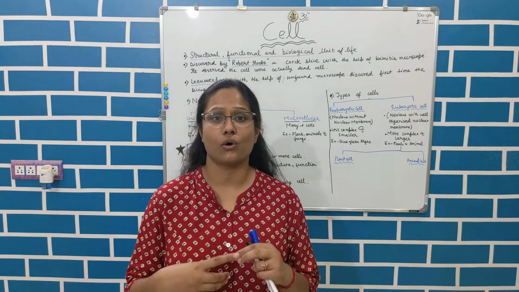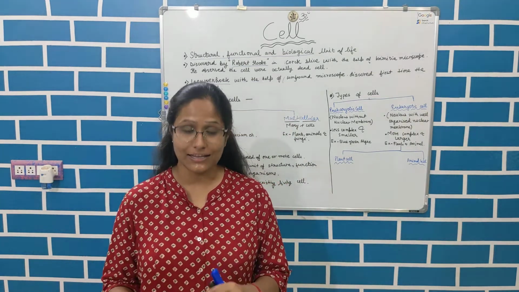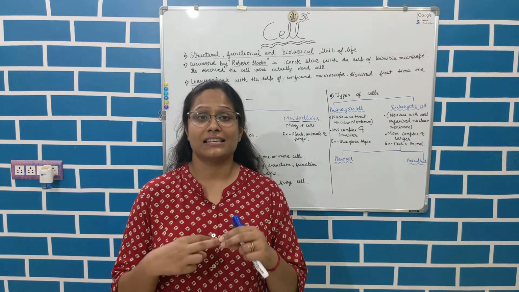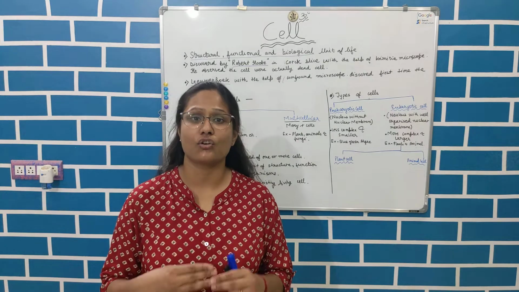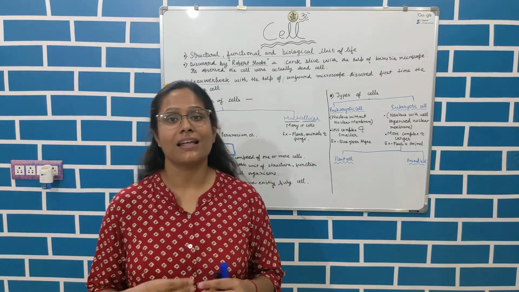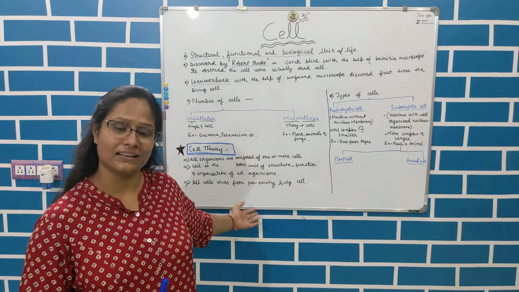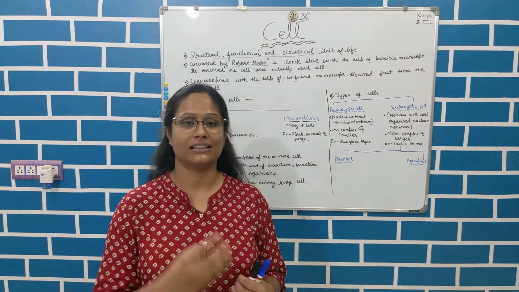First, all living organisms are made up of one or more kinds of cells. Second, the cell is the basic structure, function and organization of all living organisms. And third, all cells arise from pre-existing ones. So these 3 are, we can say, the pillars of cell theory.